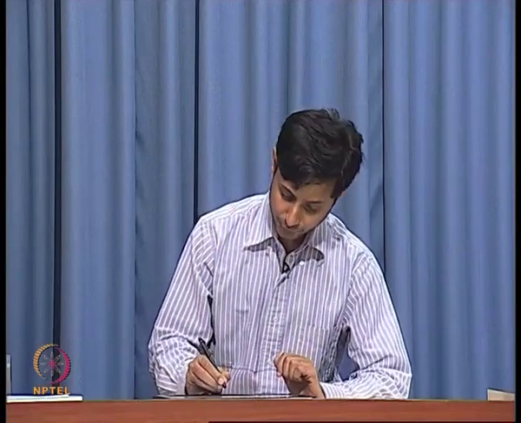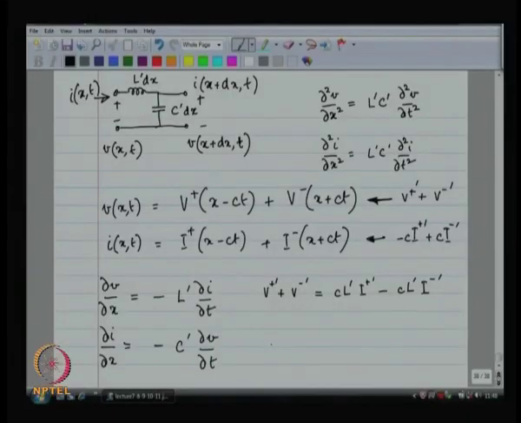What about the other version? The other version is very similar. So, I get I plus, I minus is going to be equal to C times, right.